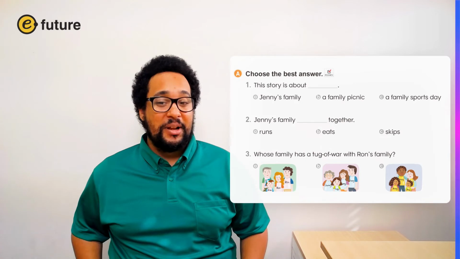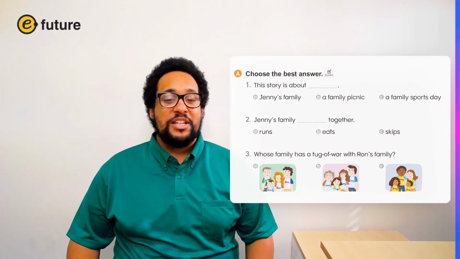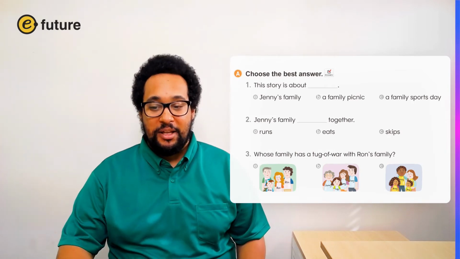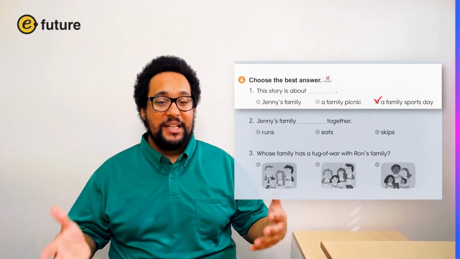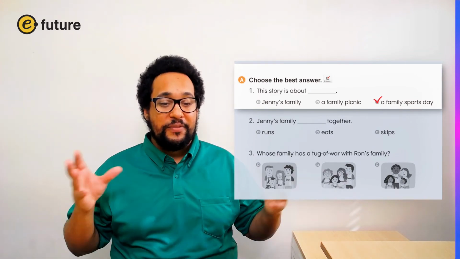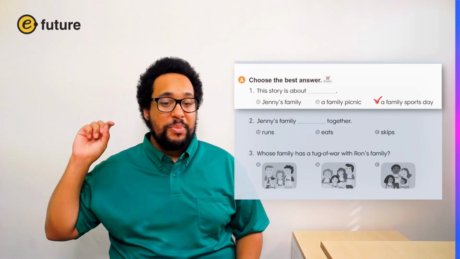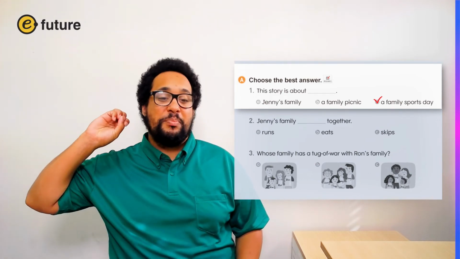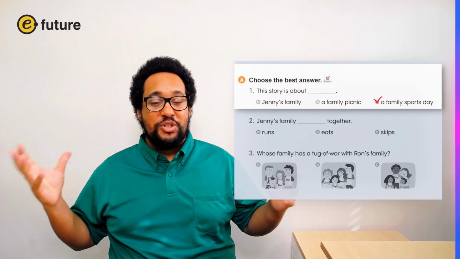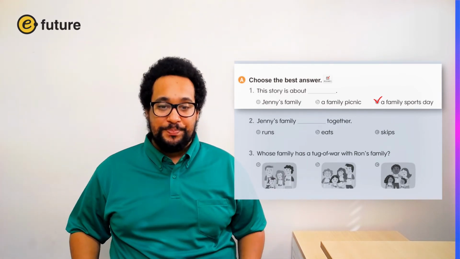Is this story about a family sports day? Yes, it is. And that's why it's not Jenny's family, because Jenny's family is participating in the sports day with other families. So the story is about Jenny's family, it's about Sunny's family, and it's about Ron's family. And together, they are at a family sports day.